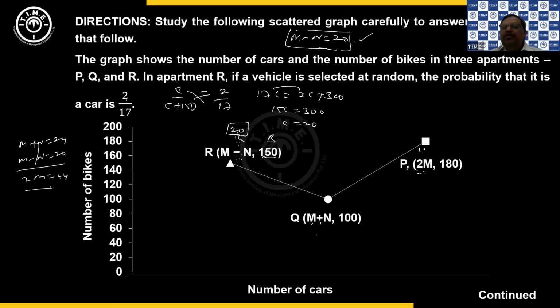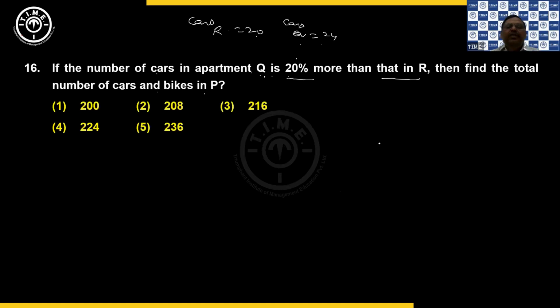For this question, you should not take it for the next one. Bikes are 180, cars are 44, so the total will be 224. We have this or not? Done? Right.